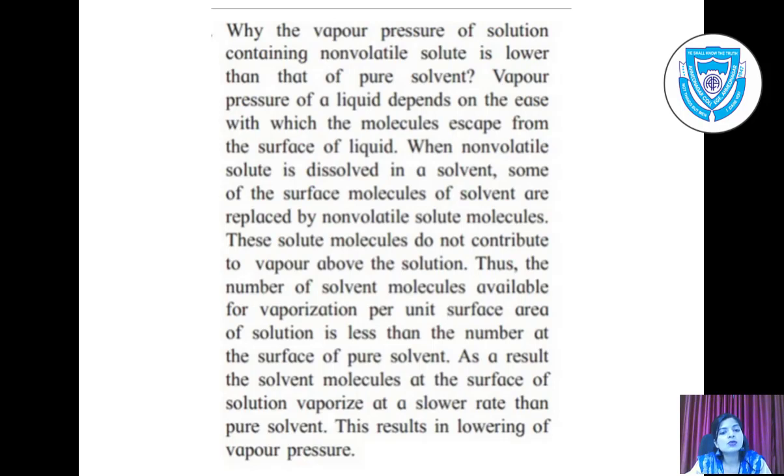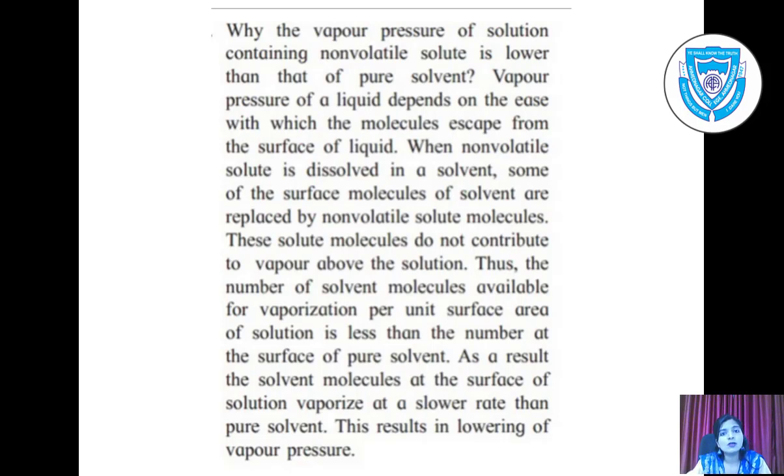These solute molecules do not contribute to the vapor above the solution. Thus, the number of solvent molecules available for vaporization per unit surface area of the solution is less than the number at the surface of pure solvent. As a result, the solvent molecules at the surface of the solution vaporize at a slower rate than the pure solvent.